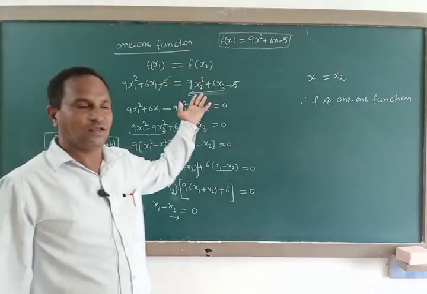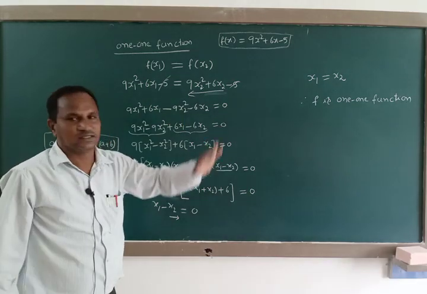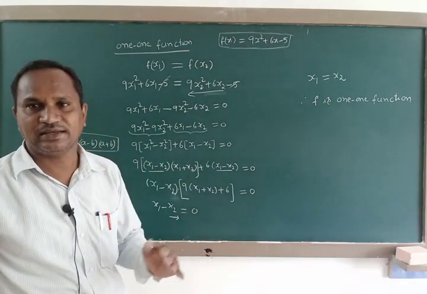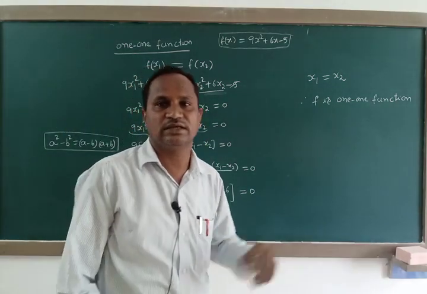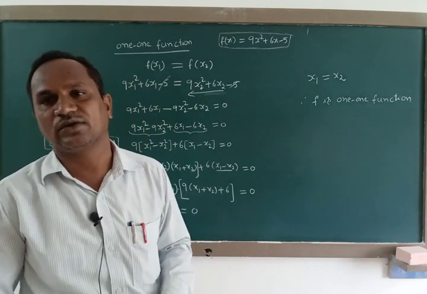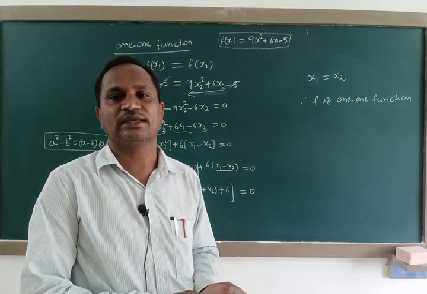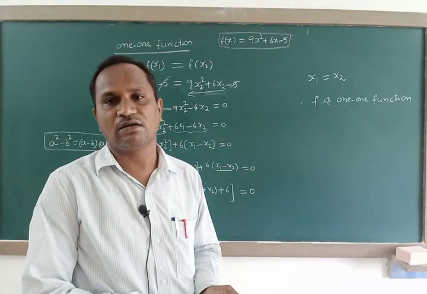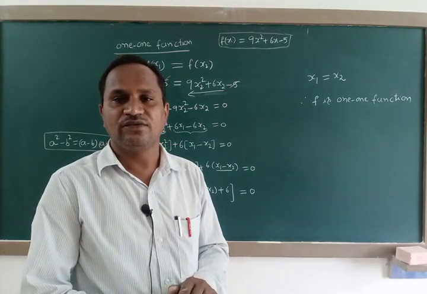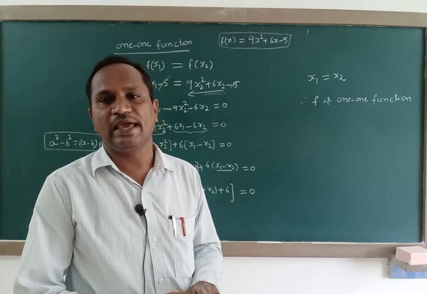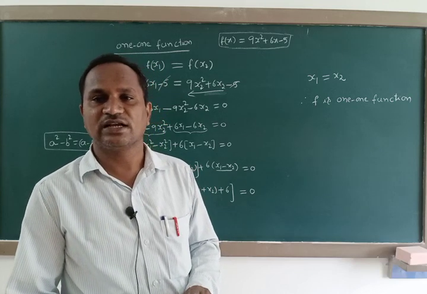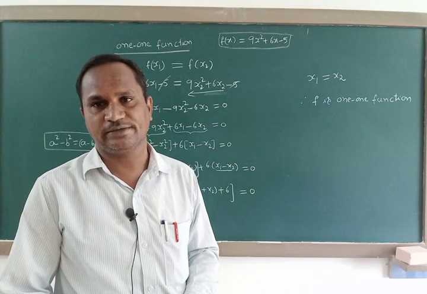On solving, finally we got x1 is equal to x2. If we get x1 is equal to x2, easily we can tell that f is a one-one function. If you get this, different elements of the domain R plus are associated with different elements of the codomain, the closed interval minus 5 comma open interval infinity.